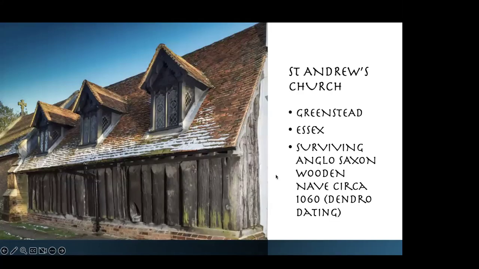Interestingly, we think of Anglo-Saxon buildings as being of wood, and here is one. So this is the nave of the church at Greenstead in Essex, and structurally it's made of cleaved oak. Ignore the dainty dormer windows, which are a Victorian addition, but the dating of the oak gives us a much later date of 1060.